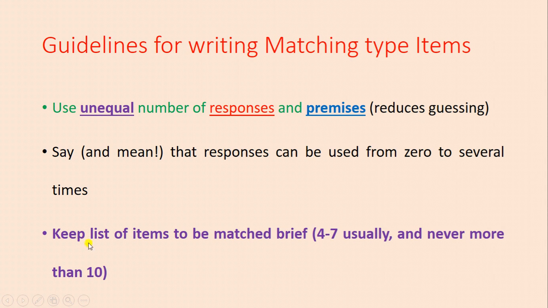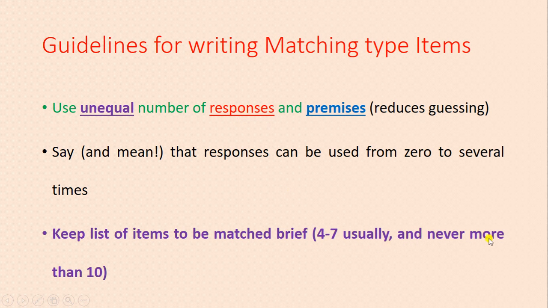Keep the list of items to be matched brief, 4 to 7 usually, and never more than 10. Then you have to write down matching type items. You can use 4 premises and 5 responses, or 7 premises and 8 or 9 responses.